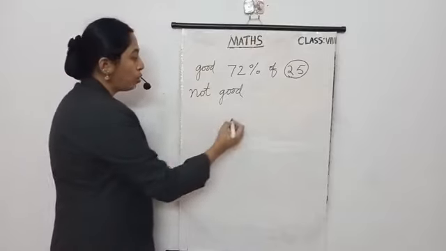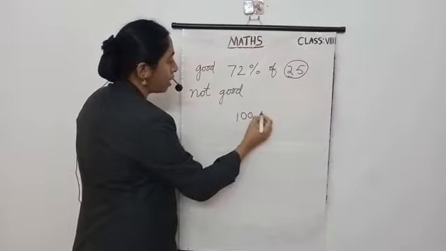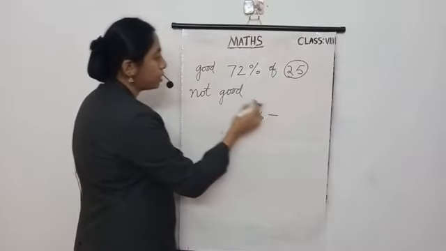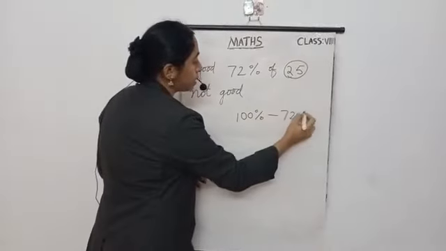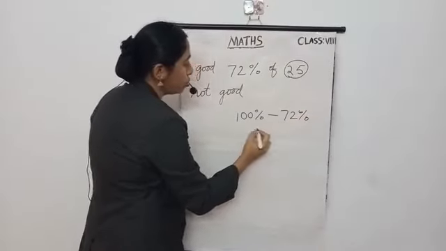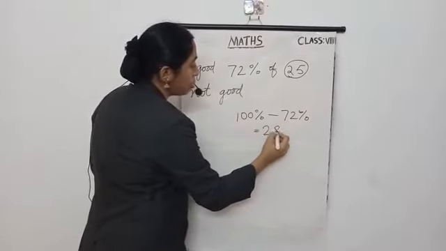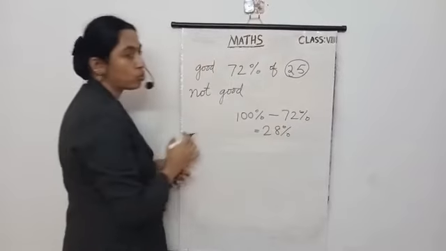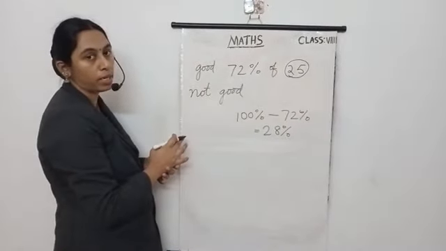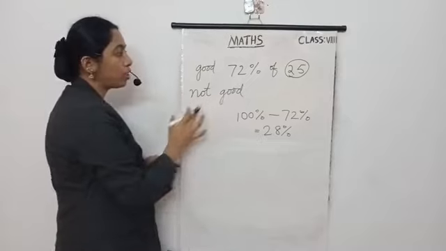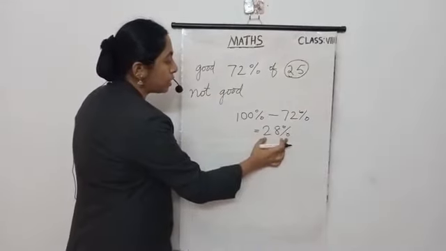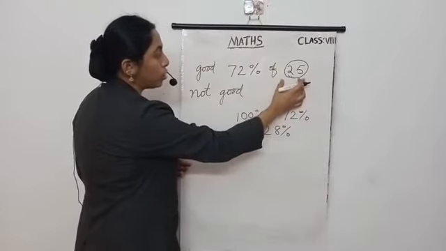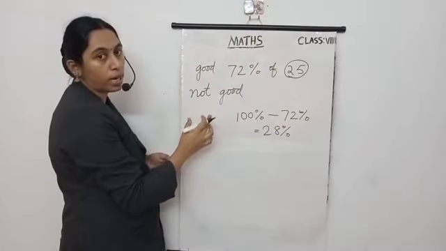Okay. So total percentage is 100 percentage minus students good in mathematics 72%, by subtraction we get 28 percentage of students not good in mathematics. Okay. Now we are going to find the exact number. So 28 percentage of these 25 students are not good in mathematics.